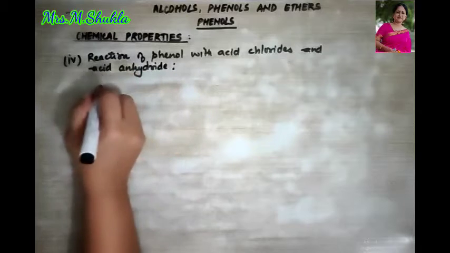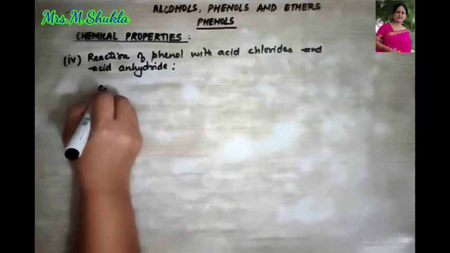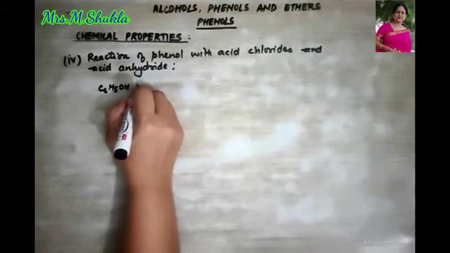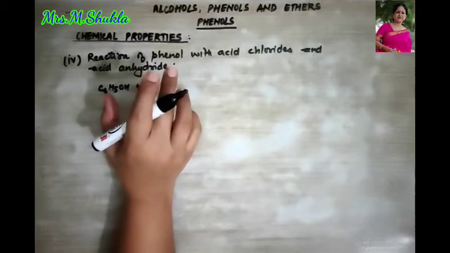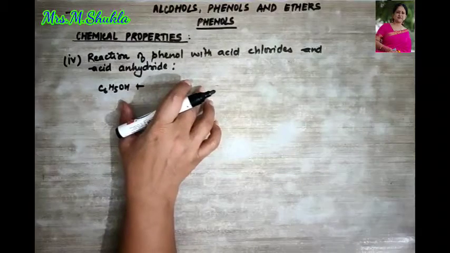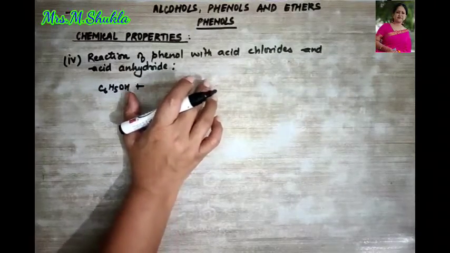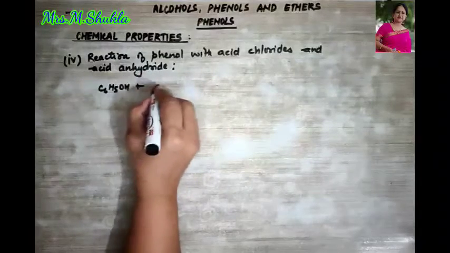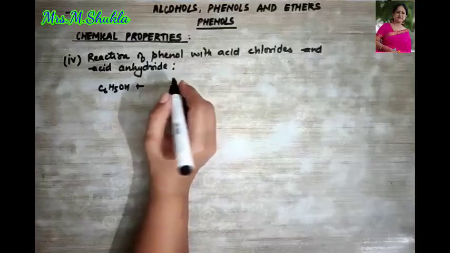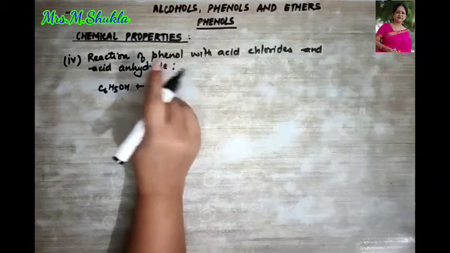Okay, so over here phenol, that is C6H5OH, when it is treated with acid chloride or acid anhydride, it always forms esters. Okay, so let us treat it with ethanoyl chloride, that is C.